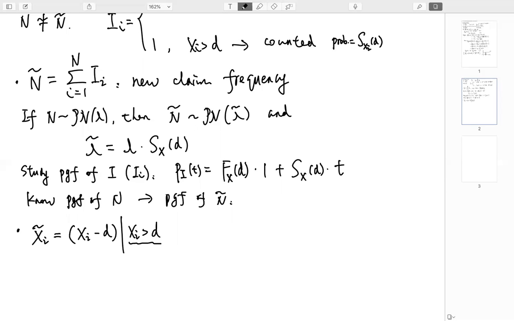Because we collect the new claims, right? That is the meaning of the collective risk model. Previously, we collect all claims. Now we introduce a deductible. We will only collect claims bigger than the deductible, right? Previously, you can think the deductible is 0. There's no deductible. Now we have a positive deductible, so we will collect those bigger than the deductible. So that's the most important thing here, right?